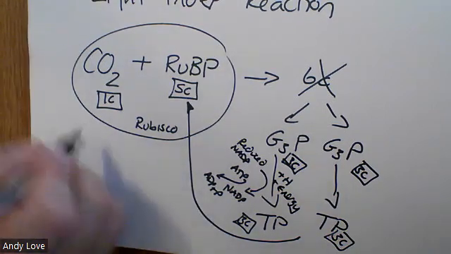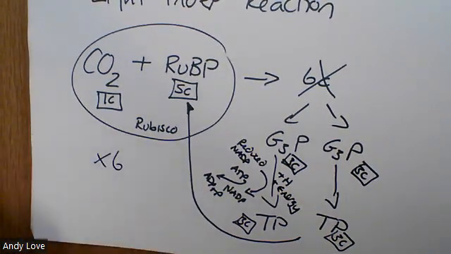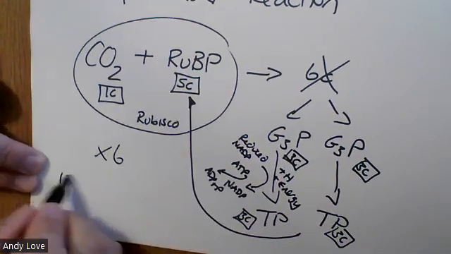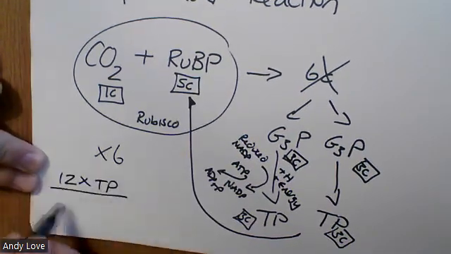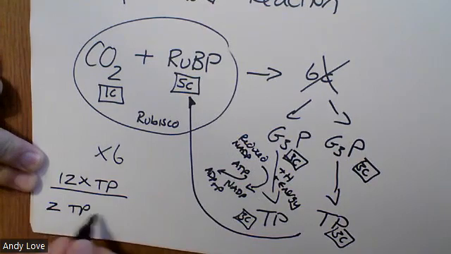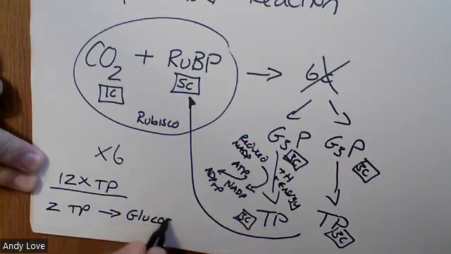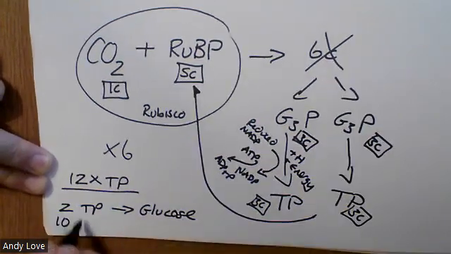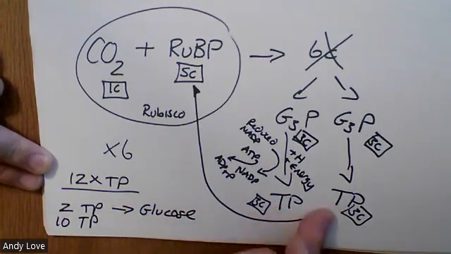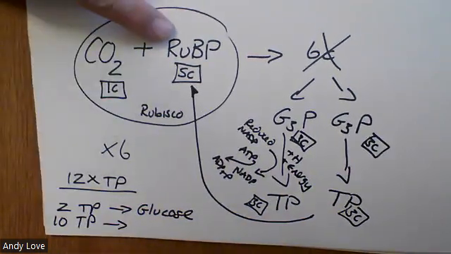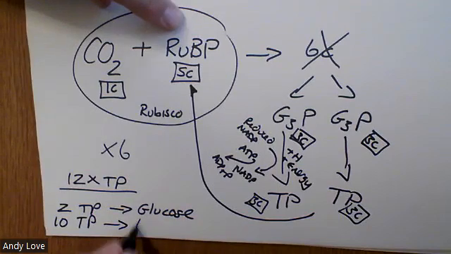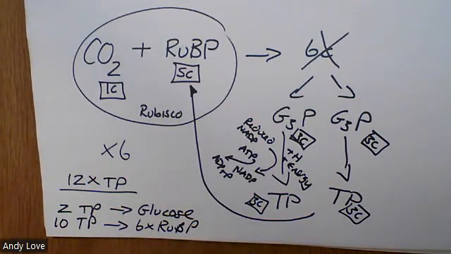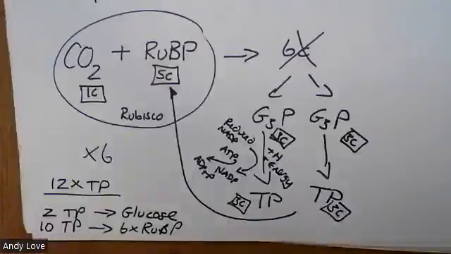And you know that reaction has to go around six times. If you go around 6 times, you make 12 molecules of TP. 2 of those molecules of TP join together and you get a molecule of glucose, and 10 molecules of those TPs go on to make the 6 molecules of RUBP.